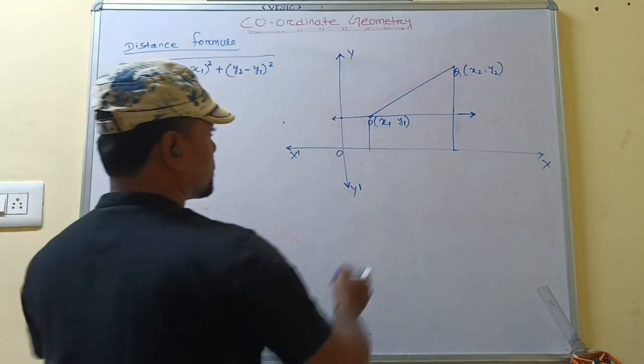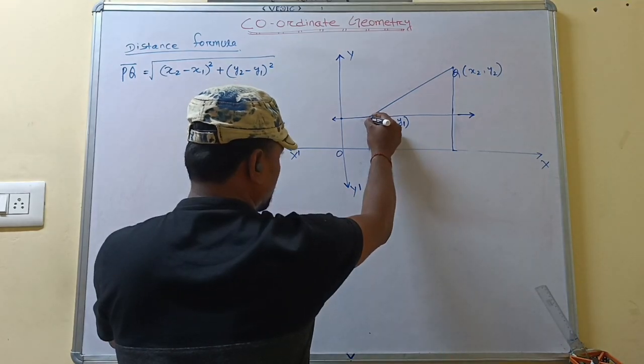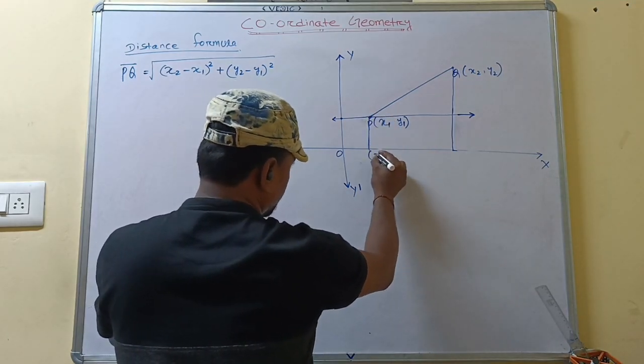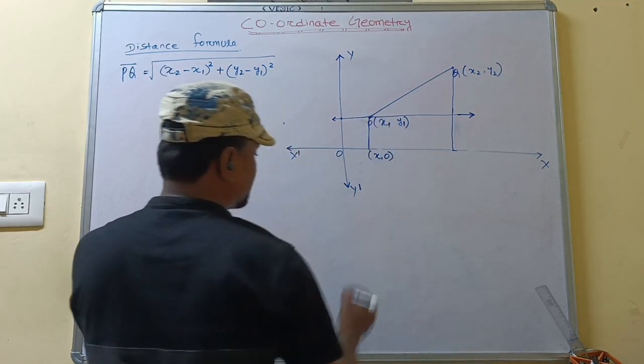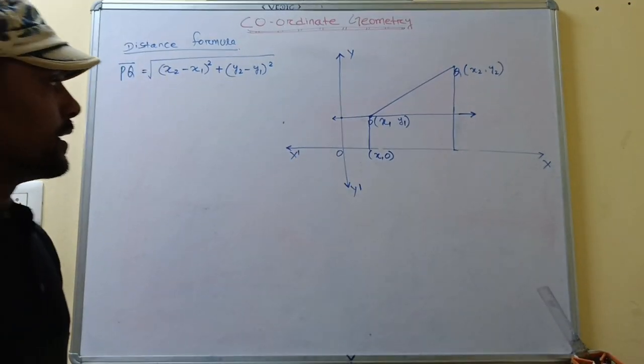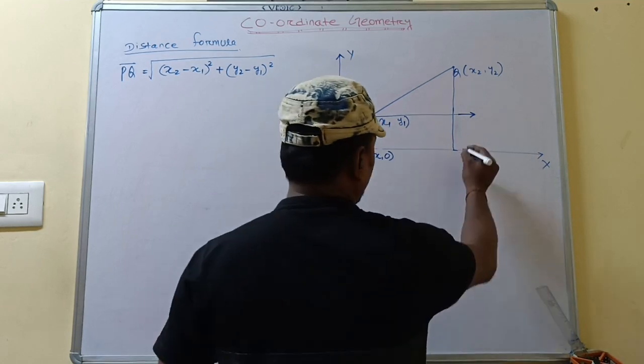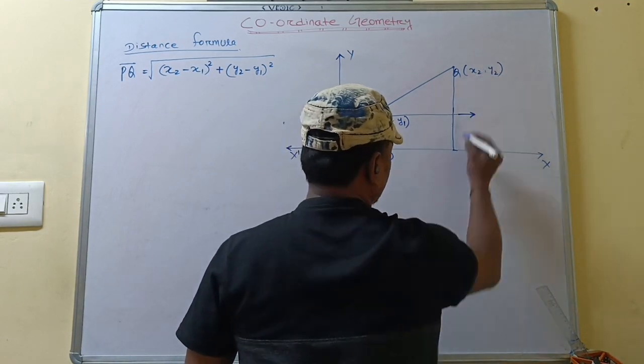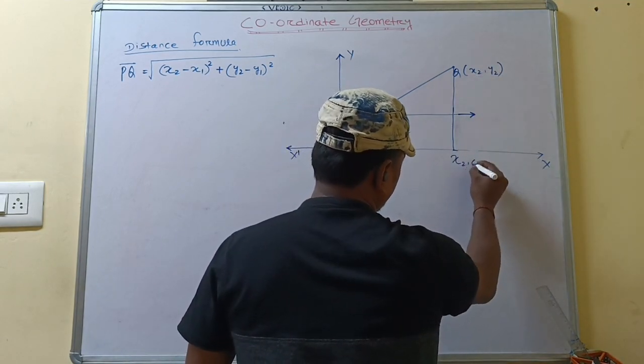This coordinate is x1, and as it lies on the x-axis, its coordinate will be x1, 0, and this coordinate is x2, so it will be x2, 0.